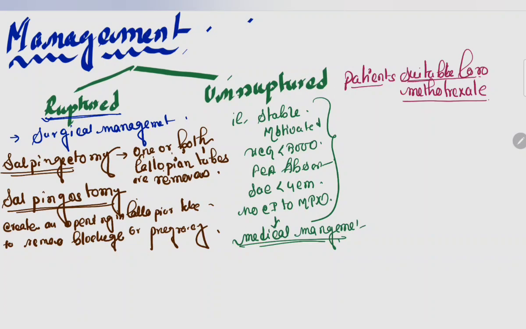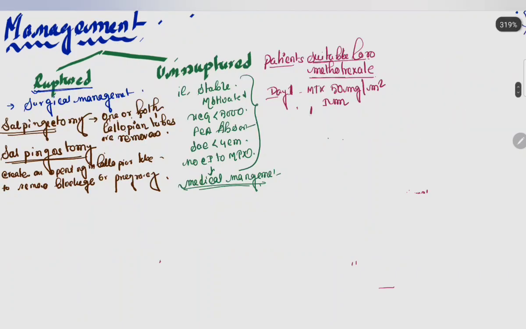So, if the patient is suitable for methotrexate or medical management, at day 1, methotrexate is given 50 mg per meter square intramuscularly. After that, on day 5, methotrexate is given again.